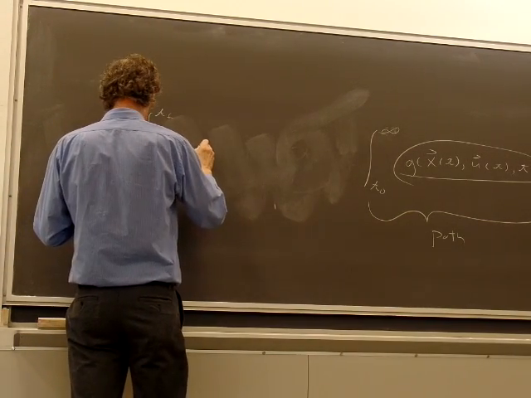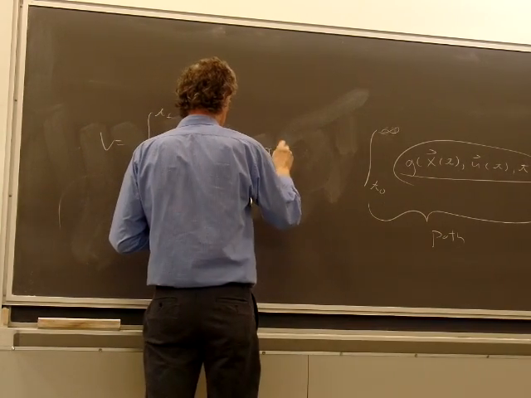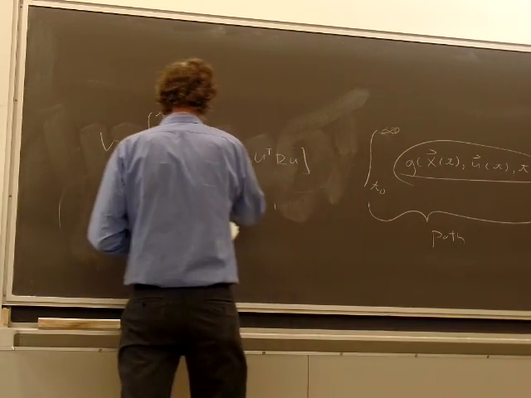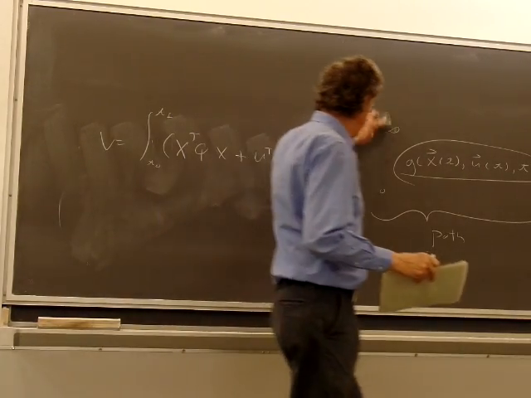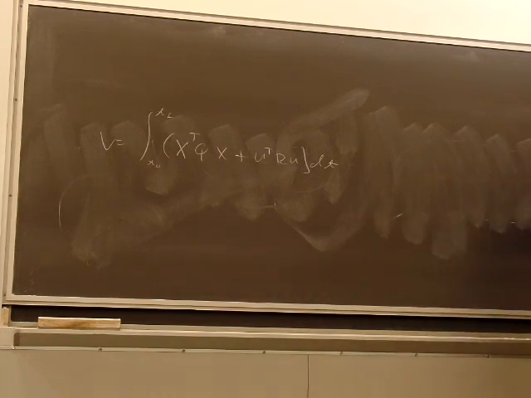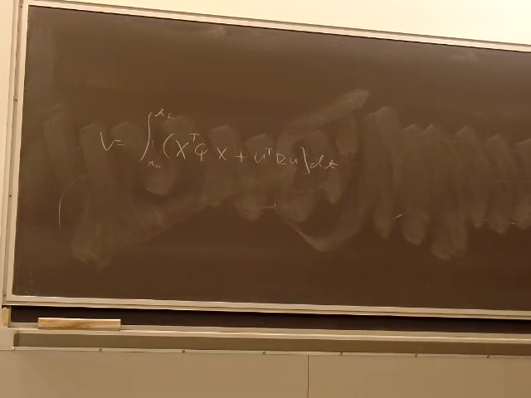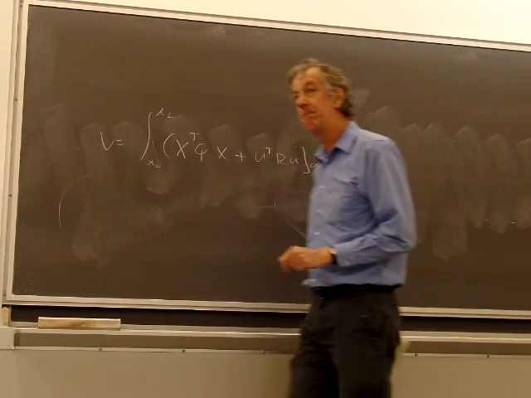We have the integral of x transpose Q x plus u transpose R u dt. Now, a regulator is going to try to do what? Drive the states to what point?